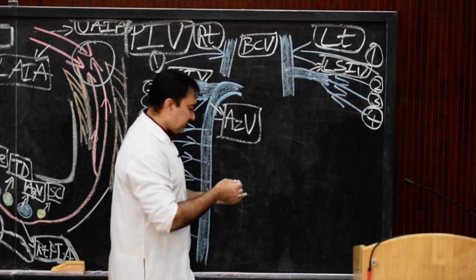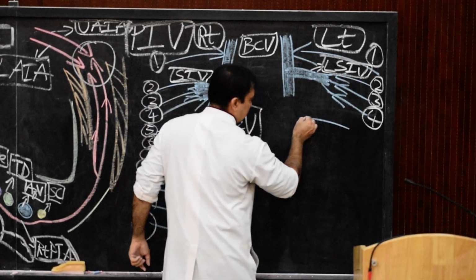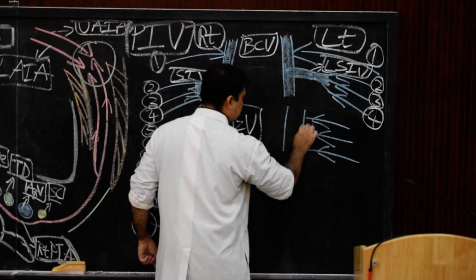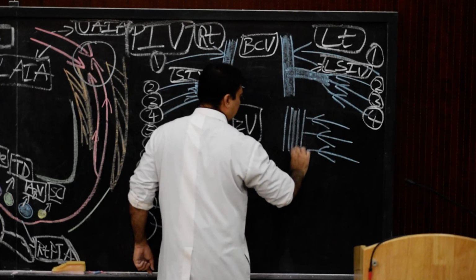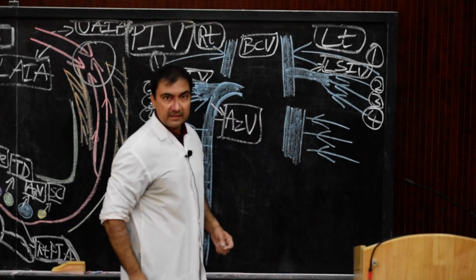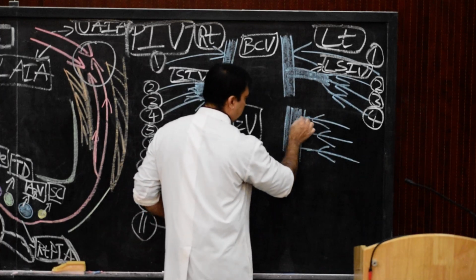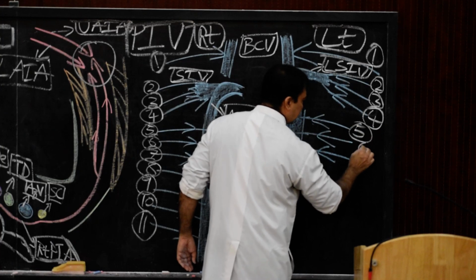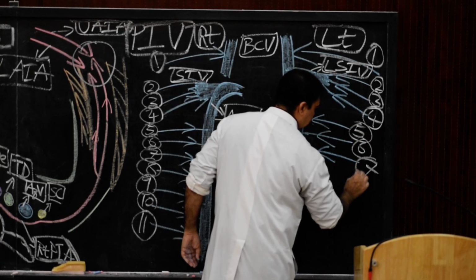And then, very interesting, we come to 5, 6 and 7. The 5, 6 and 7 will drain into the superior hemiazygous vein. So here we will just mention the numbers 5, 6 and 7.